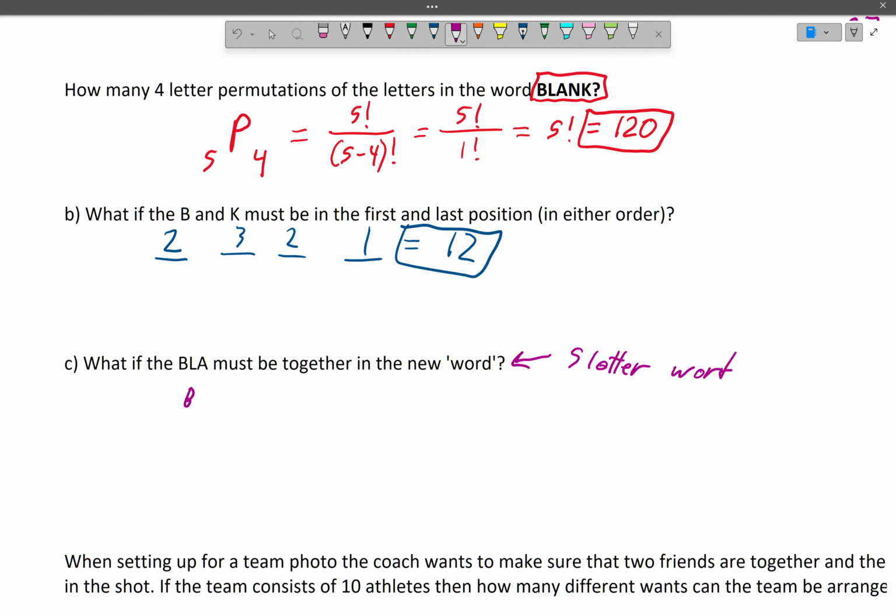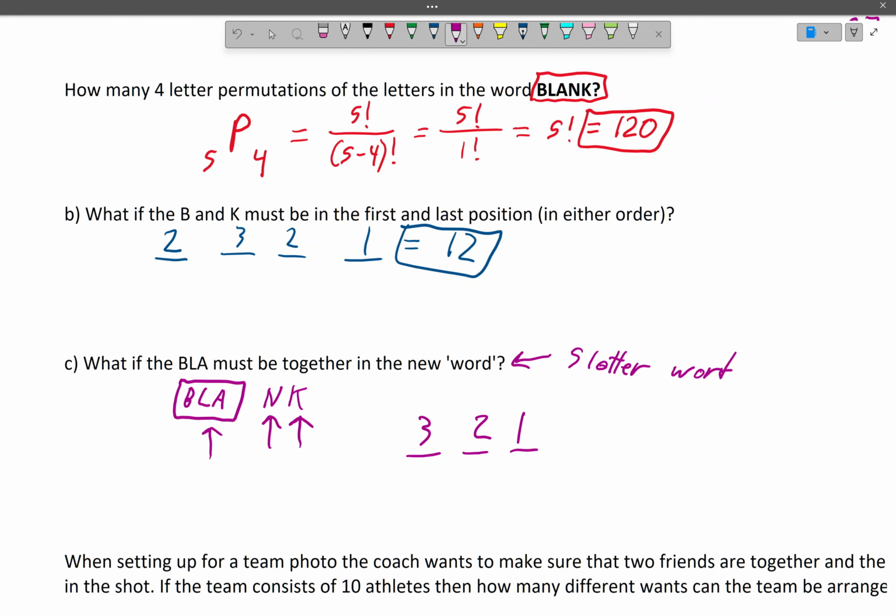Okay, if BLA must be together, what I like to do is set this up as one item and then N and K as the last part of the item. So there are 3 different characters. This counts as 1, this counts as 1, this counts as 1. There are 3 different characters that we can rearrange. So it's 3, 2, 1.